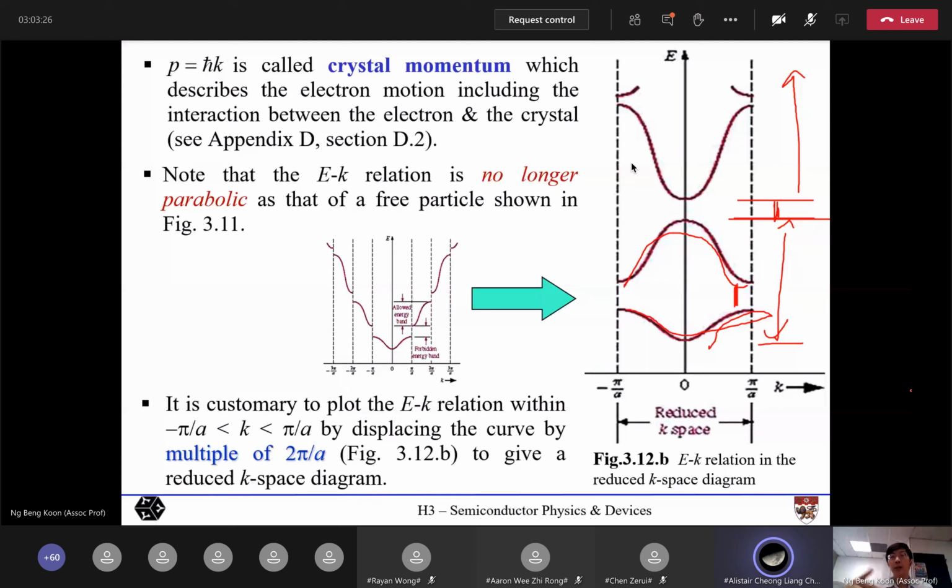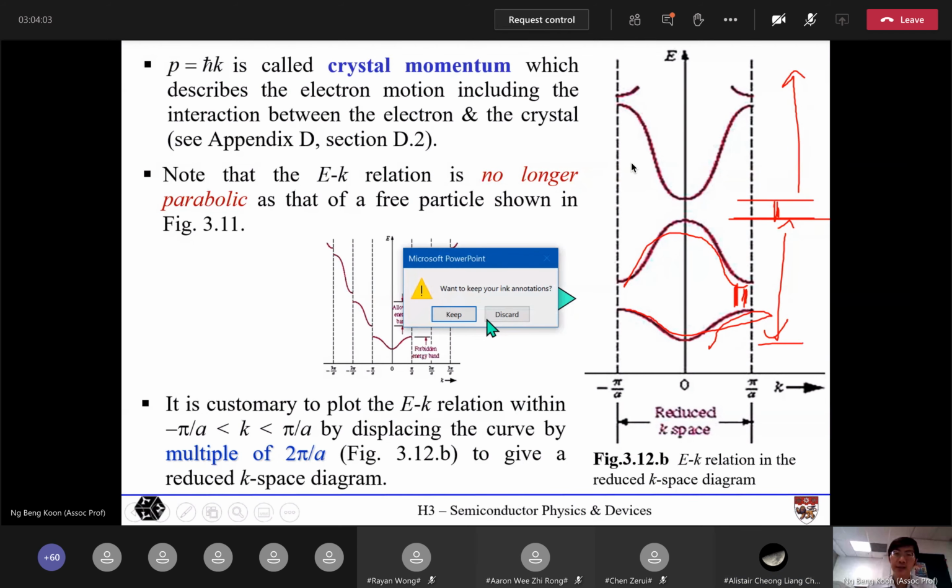And the reason why those other forbidden energy bands exist is because of the interaction between the atoms, which resulted in this kind of structure. So it's impossible for electrons to attain those energy values in the forbidden band. You're saying the electrons will not have some energy in between here? Yeah, you can think of it that way. Okay, thank you very much.